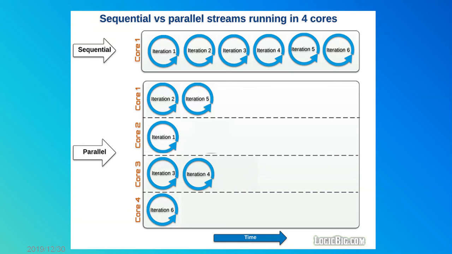Basically, in sequential, one single processor takes care of all the elements. In the case of parallel, different processors take care of individual elements.